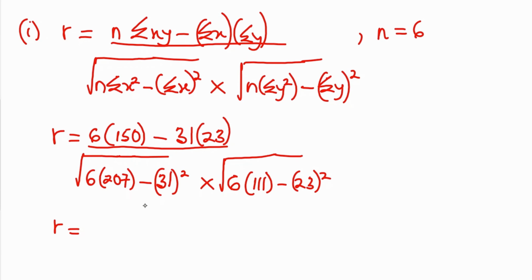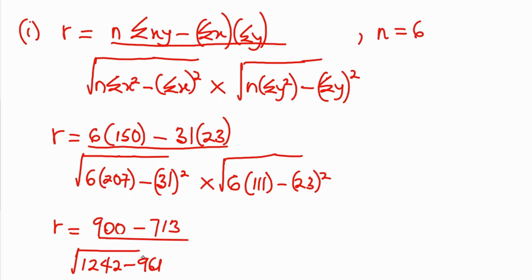In the numerator, 6 by 150 gives us 900, and then 31 by 23 gives us 713. At the denominator, the first square root sign when simplified gives us 1242 minus 961, and then we multiply by the simplification of this: 6 by 111 gives us 666, and 23 squared gives us 529.